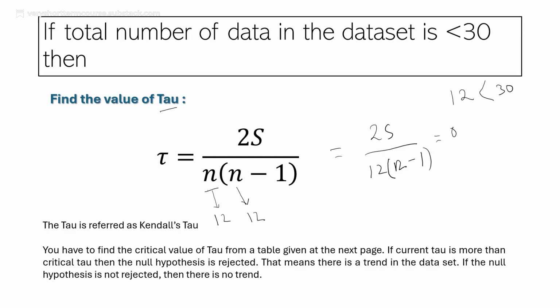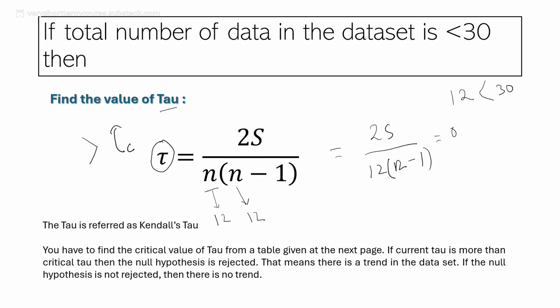So if your tau, that means the calculated tau, is greater than the critical tau, then the null hypothesis will be rejected, and it will imply that there is a trend in your data set.